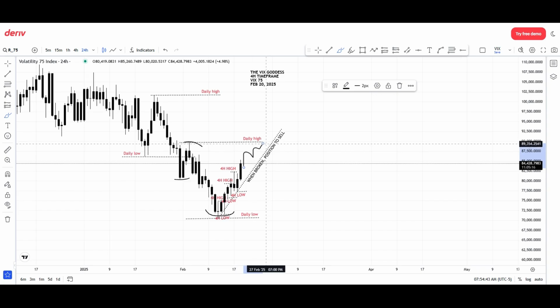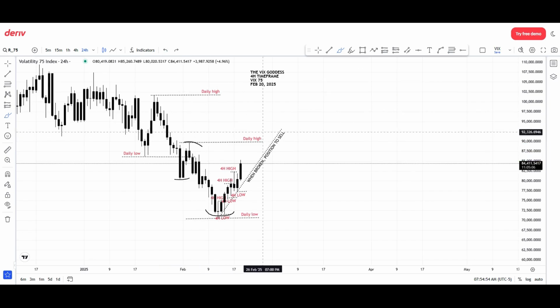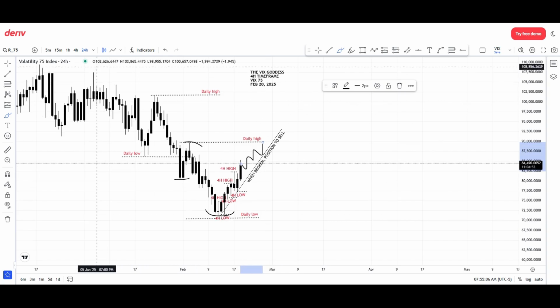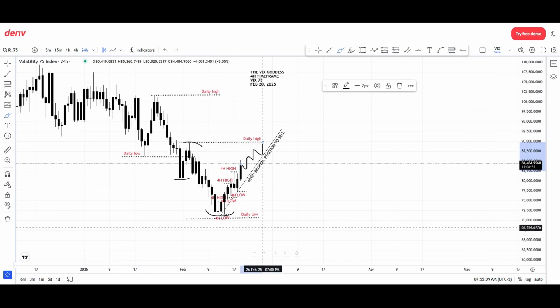So say price is going up, we can still position ourselves to sell as long as price does not break this daily high. Let me repeat that again. Price can continue to buy in this case, and we will still try to position ourselves to sell, because remember, we're in a downtrend, so we're looking for selling opportunities.